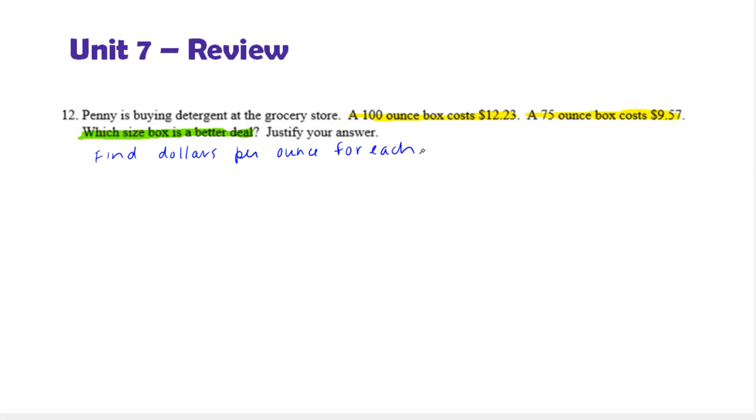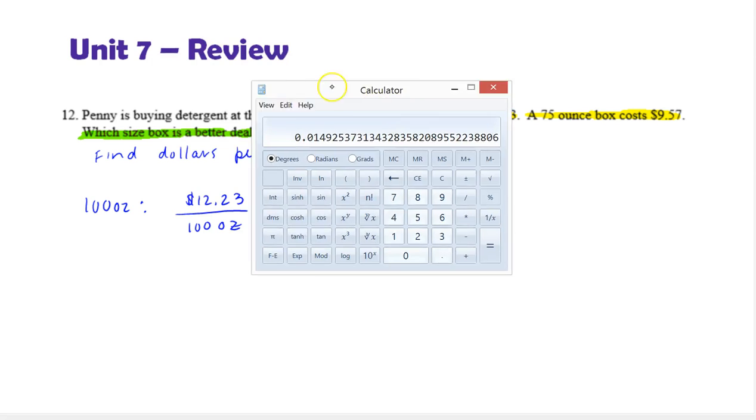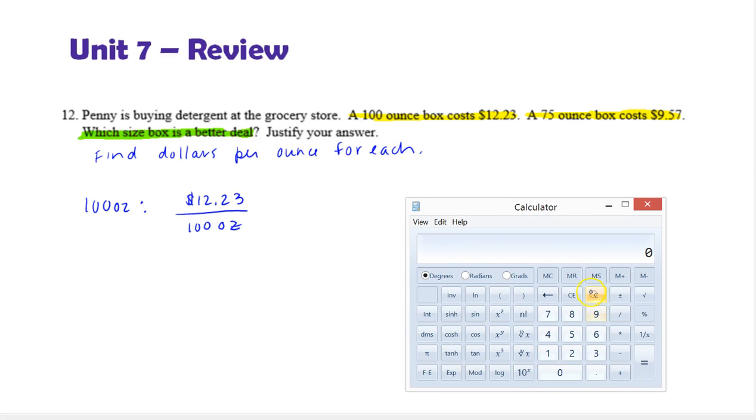But either way works fine. Okay, so the 100-ounce box. If I divide the dollars, 12.23, by 100 ounces, you might see it's going to move the decimal over 2 places, but let's just do it on the calculator later anyway to verify.